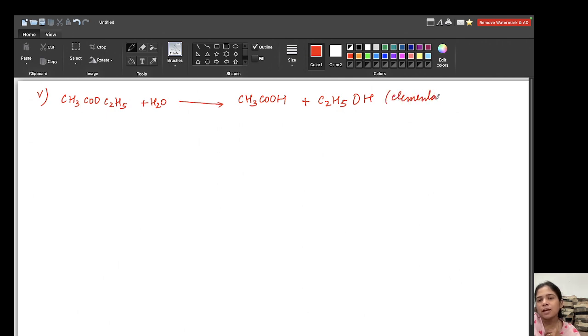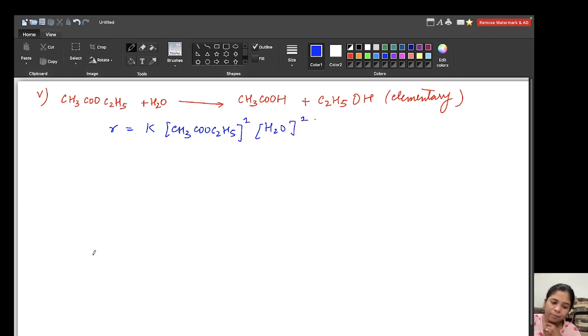What does elementary reaction mean? It means the reaction is happening in a single step. Now here your rate equals K, CH3COOC2H5 raised to the power 1, and if I want to write my rate, logically this should be written as this, right? But you have to be careful here.